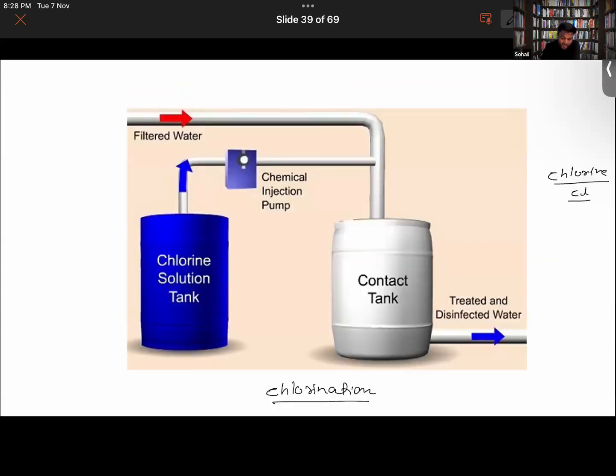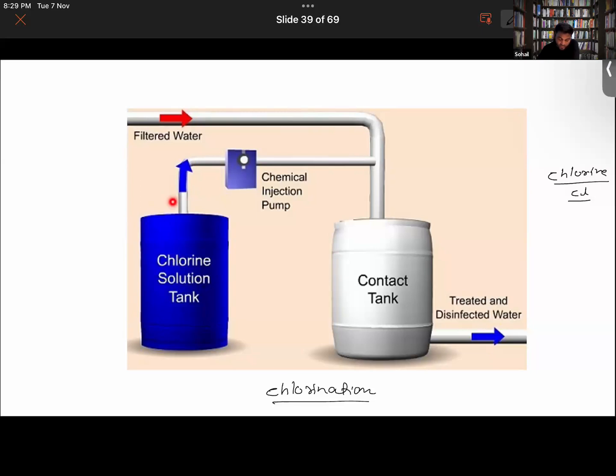And here is the chlorine tank, which you can see. The filtered water, after having gone through all the other processes, comes into this pipe. From this pipe, the knob is turned on and a chemical is injected into this pipe, and then it goes to a tank consisting of a chlorine solution.